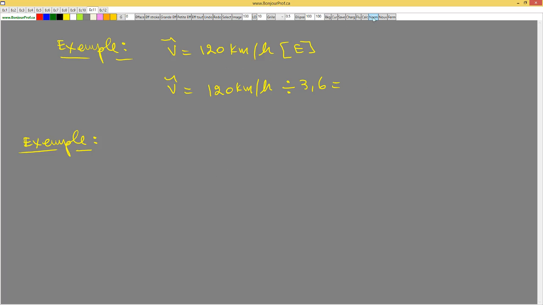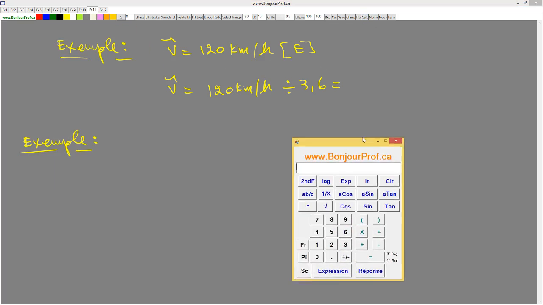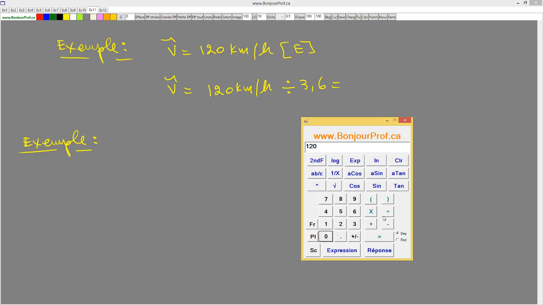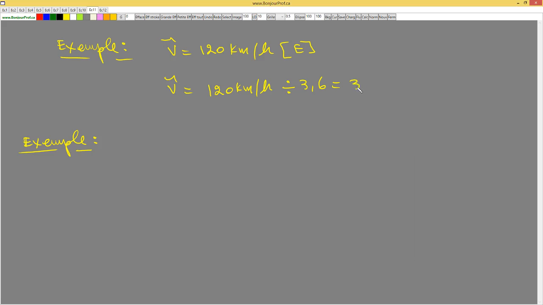So what will be here? I'm going to use the calculator. 120 divided by 3.6 gives me 33.3 meters per second. But here I have to keep only two digits because I have only two digits. So it will be 33 meters per second east. This is the V. Good. You understand? Very good.